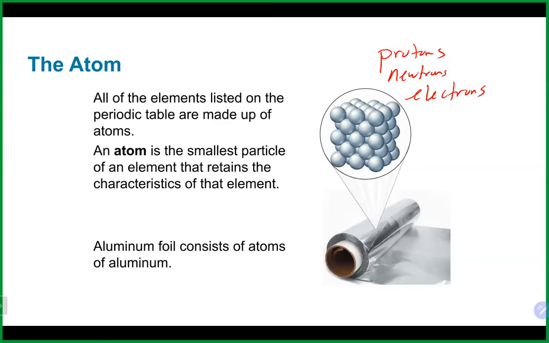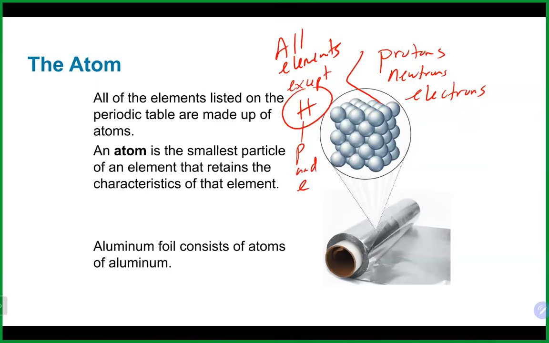Pretty much all elements will have these three, except hydrogen. Hydrogen is a little unusual. Hydrogen actually only has a proton and an electron, no neutrons. All other elements will have all three, but hydrogen has only a proton and electron, which is why we find hydrogen kind of over there, and it has some other properties as we will talk about.